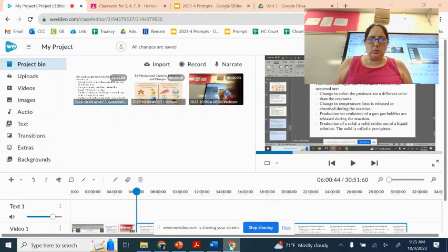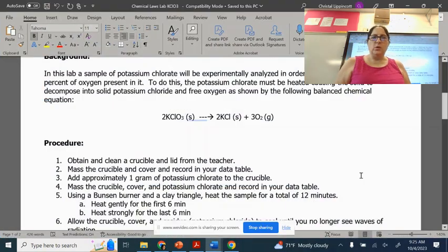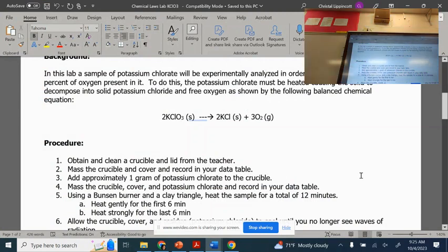All right, so I want to show this guy here. I'm going to hand out this lab, and then I want to talk about it with you guys. This is the lab that we're going to do on Monday.